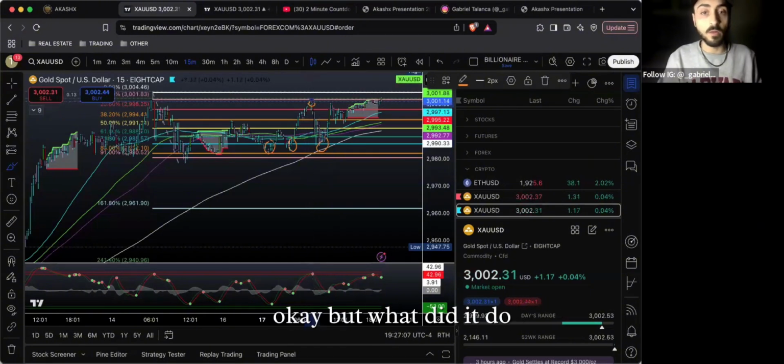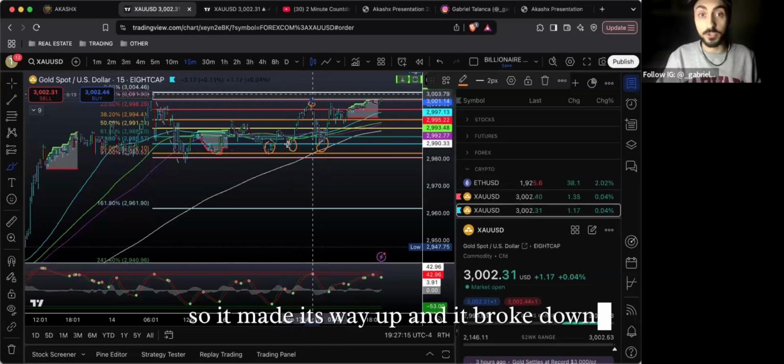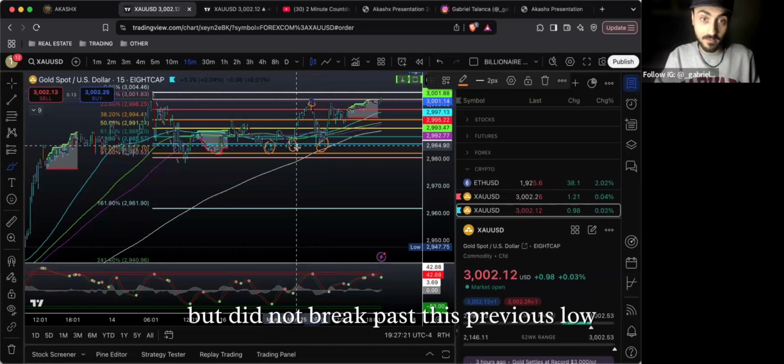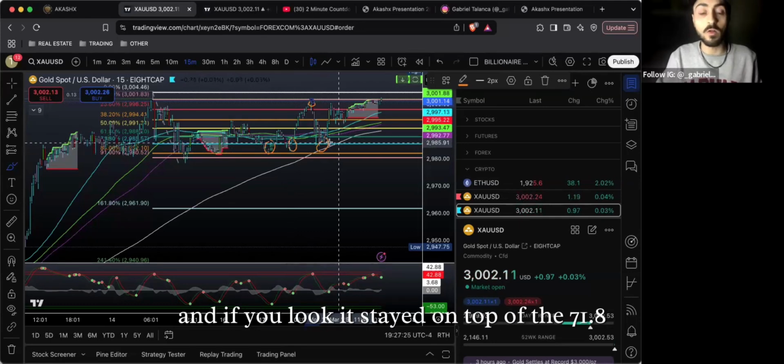But what did it do? It stayed on top of the previous low, that's for sure. So it made its way up and it broke down, but did not break past this previous low. And if you look, it stayed on top of the 71.8.